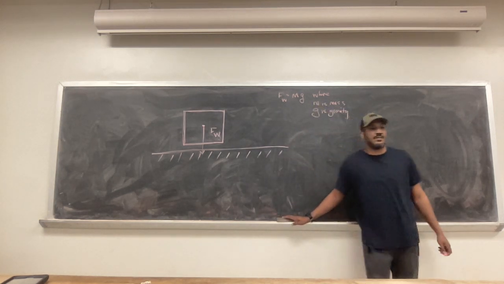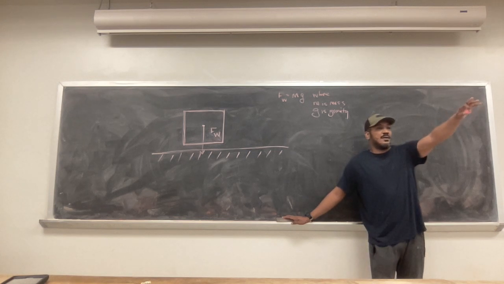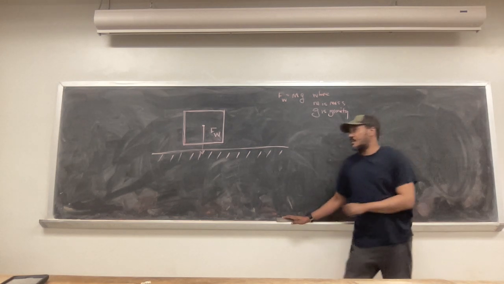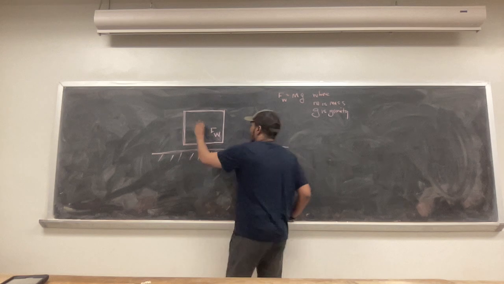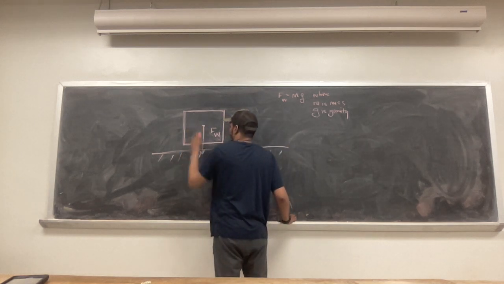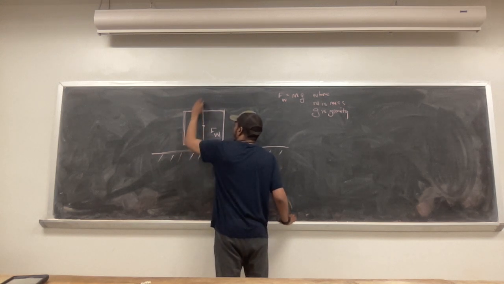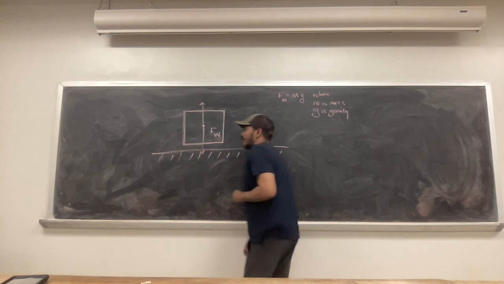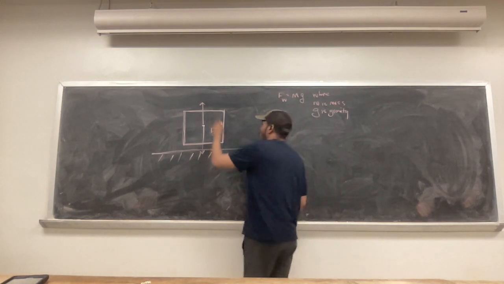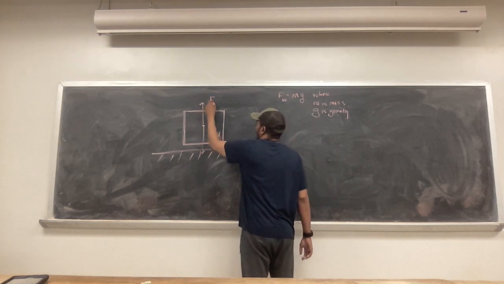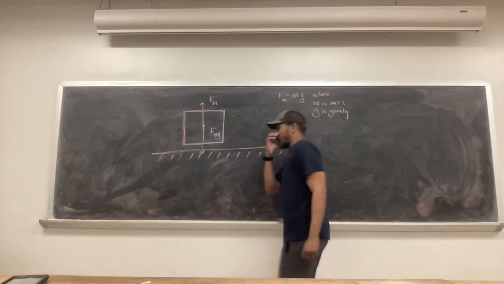What other force acts on this? Sydney said the force from the surface. What do we call that force? Starts with an N. Normal, all right? Remember that from the lecture?